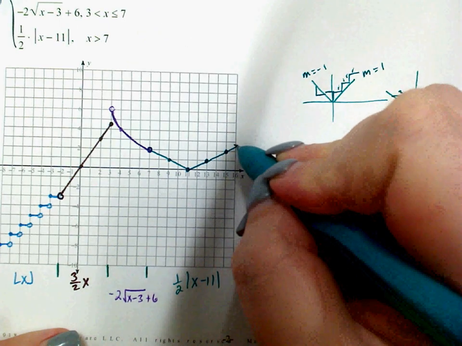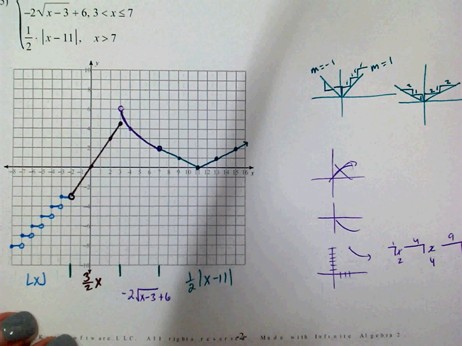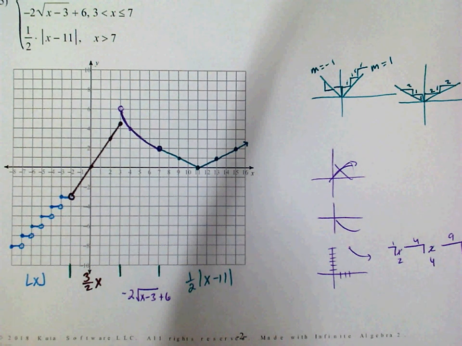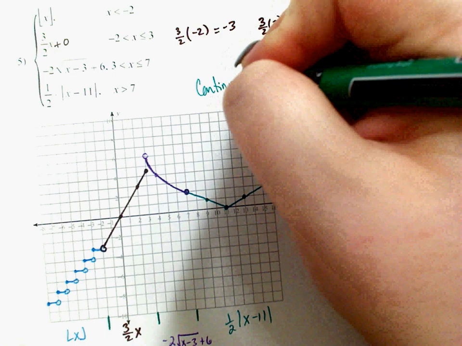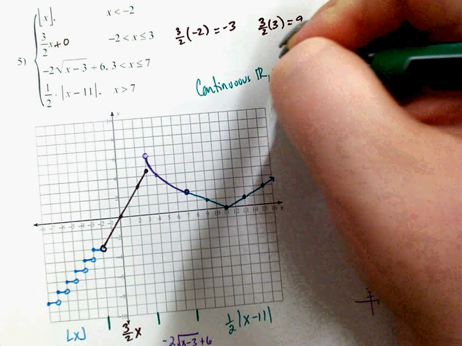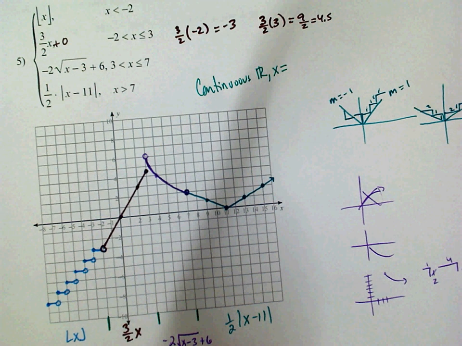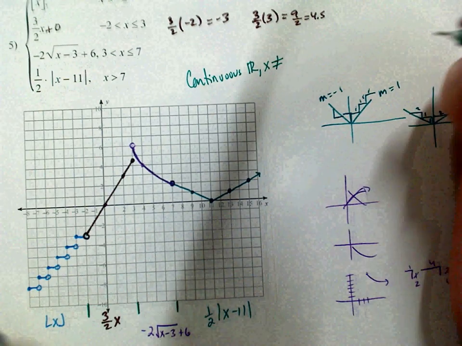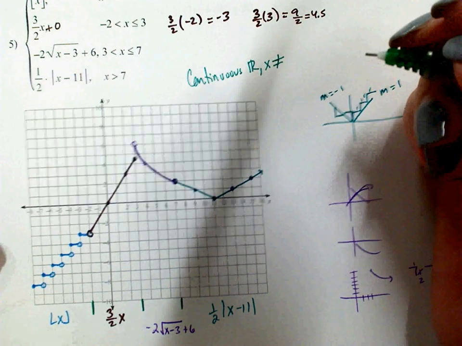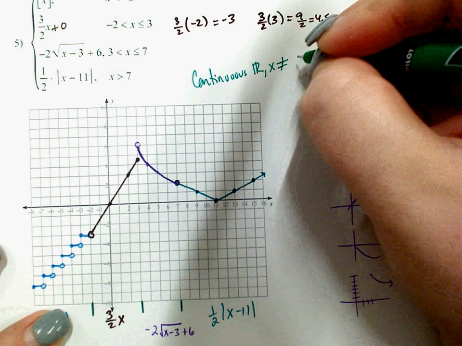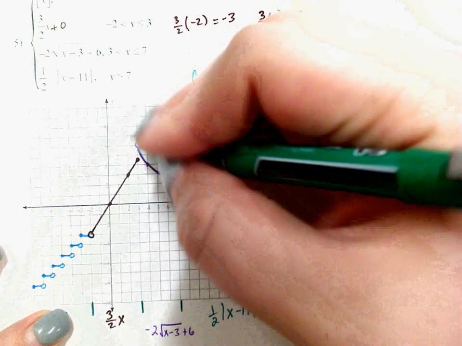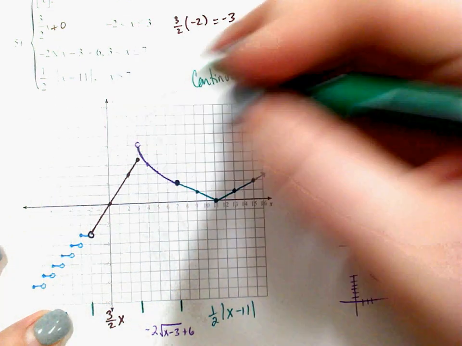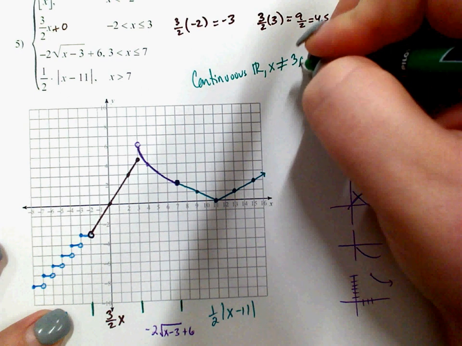There's your piecewise function. As far as continuity goes, this function is continuous on all real numbers except every integer less than or equal to -2. I'm going to go ahead and state this one. That one's continuous right there, but that one's a jump, so 3.